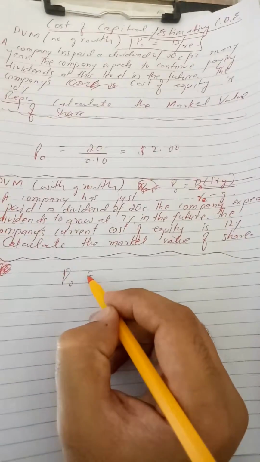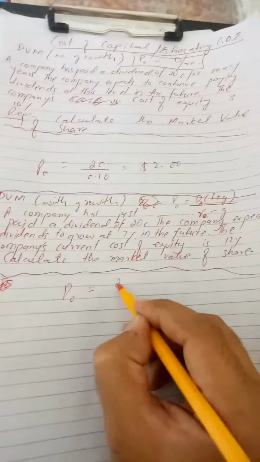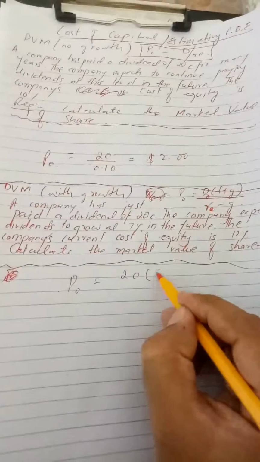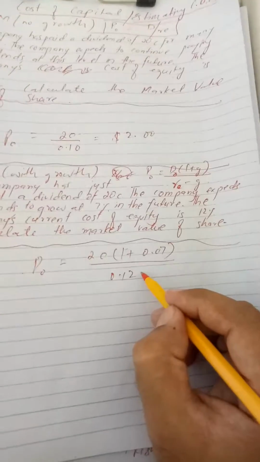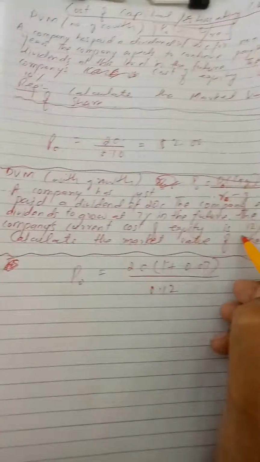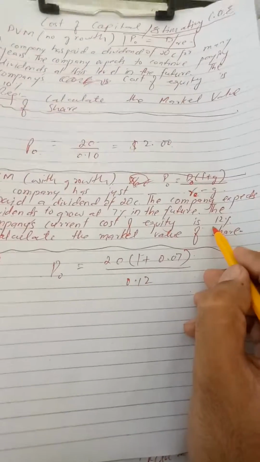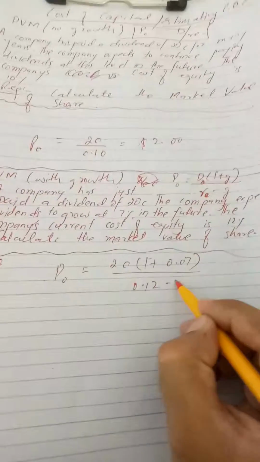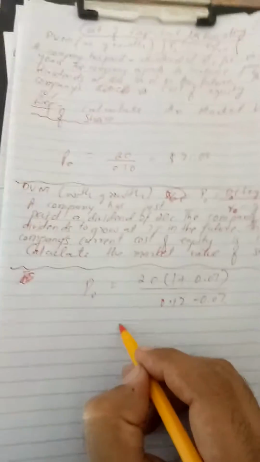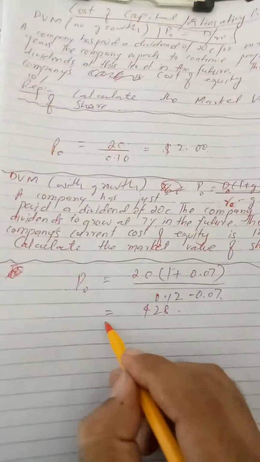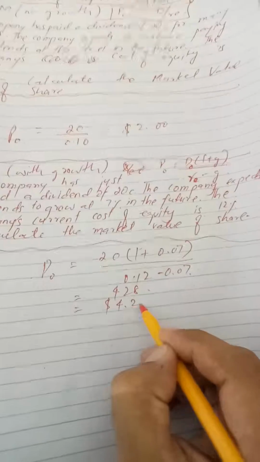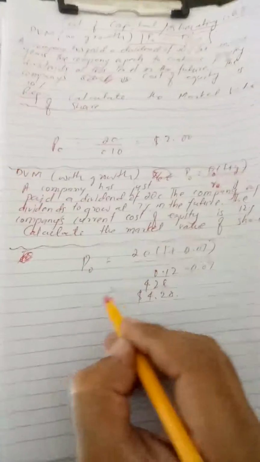So P naught, because the dividend would be 20, and 1 plus g would be the growth, 1 plus 0.07, and then afterwards it would be divided by 0.12, that is the cost of equity, minus 0.07, the dividend growth, and that would be $428. Okay, so this is now the P naught.